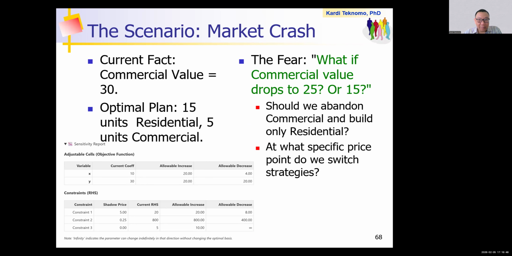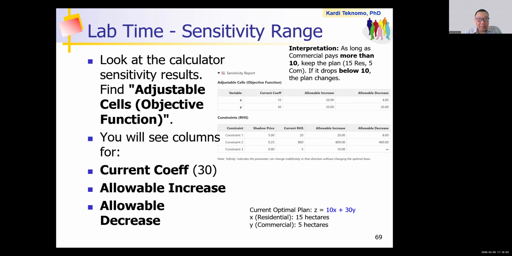Okay, so then you go back to that calculator and check this sensitivity part. You just click the triangle there. Okay, and you will find the adjustable cell, objective function like that. And then you see the columns. You have a current coefficient, allowable increase, and allowable decrease, isn't it?